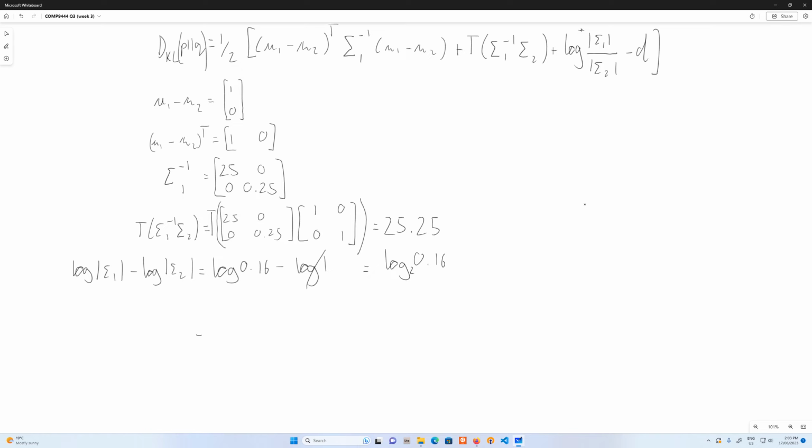So let's put them all together down here. First of all, this all needs to be multiplied by half. So let's put all this in brackets. Now, the transpose term comes first. We've got 1, 0. The second part is the inverse covariance matrix. So that will be 25, 0, 0, 0.25.